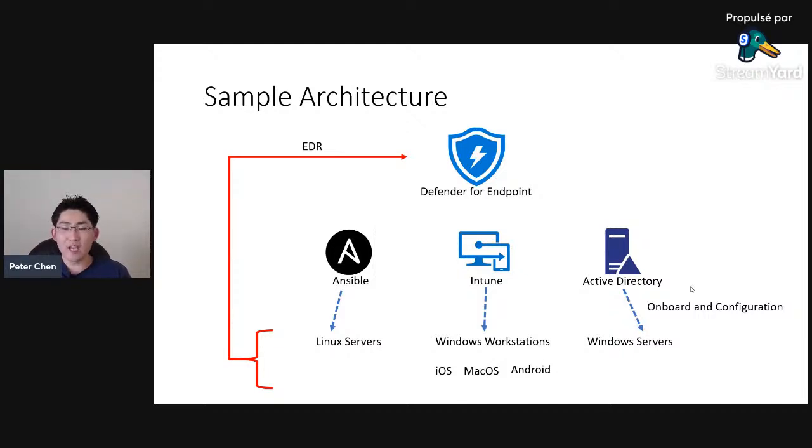Now, once the agent and configuration are pushed down, this is where you see that red arrow, where it sends the telemetry and the EDR information back into Defender for Endpoint over port 443. So that is the high-level architecture of Defender for Endpoint and the solution to manage the endpoints for the various operating systems.